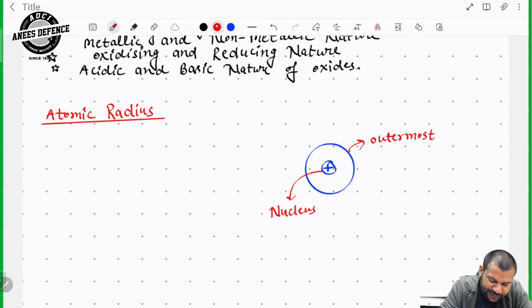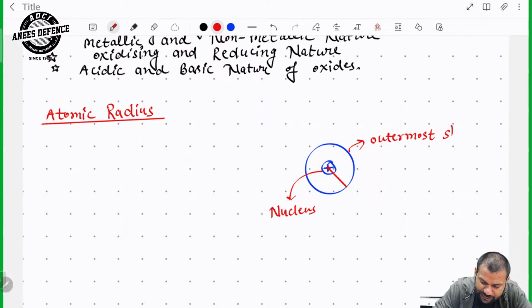So atomic radius is defined as the distance between the central part of the atom to the outermost shell, or the distance between the central point of the nucleus to the outermost shell.